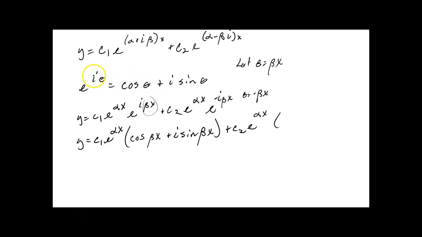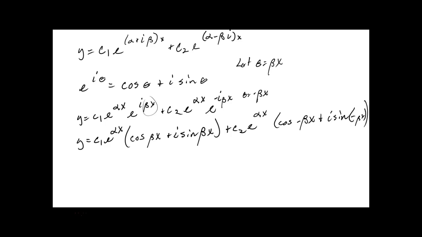Okay, it's the I theta here, I minus I beta x here. So this will be cosine to the minus beta x plus I sine to the minus beta x. That's really made it a lot clearer, hasn't it? Okay. Just plugging in what that is.